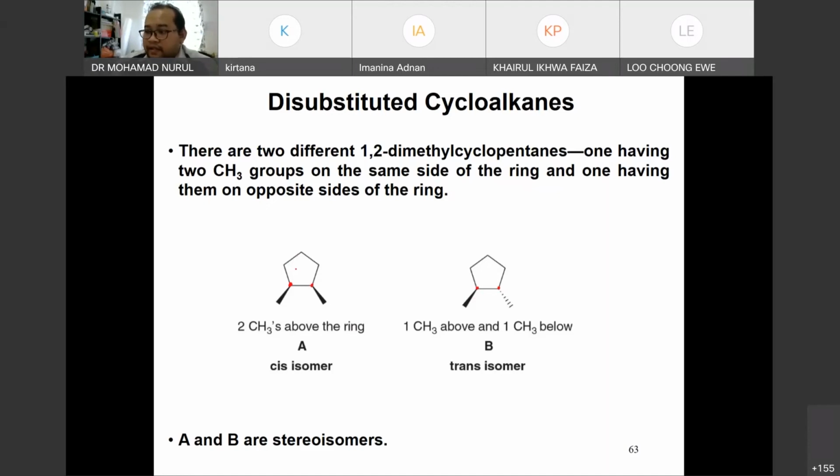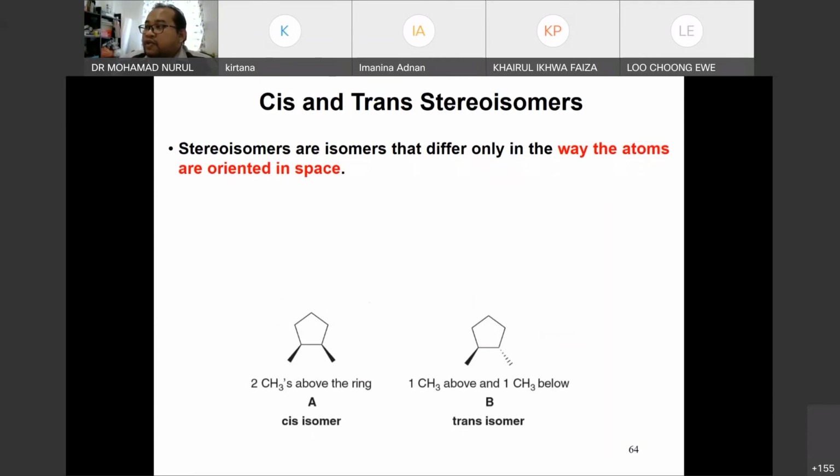A and B are stereoisomers, which differ only in the way atoms are oriented in space.